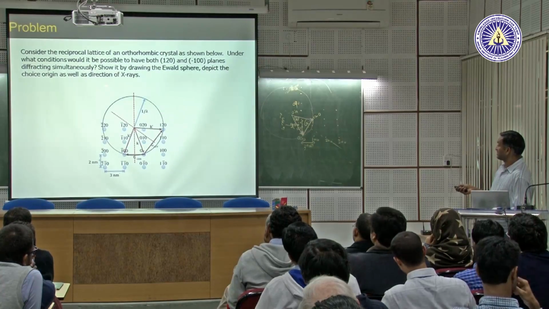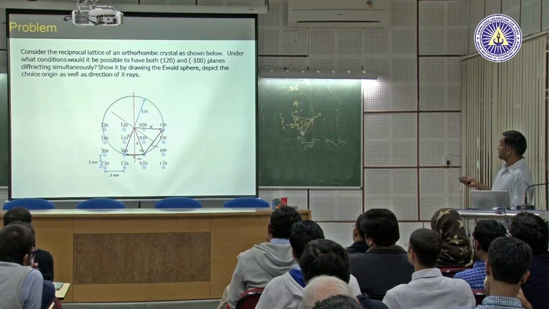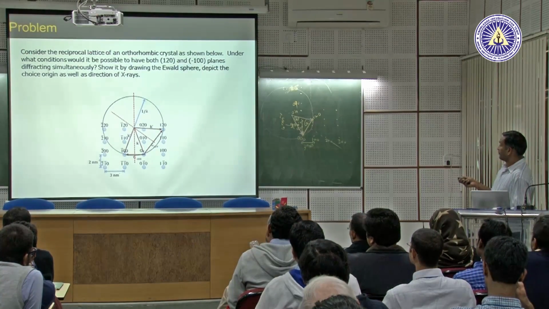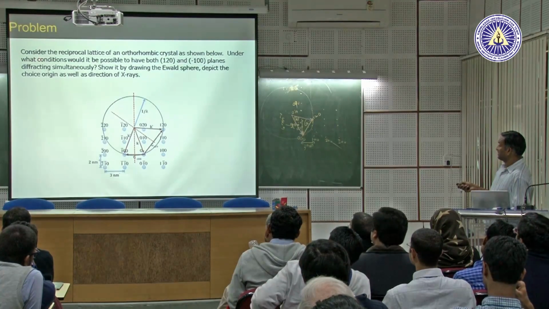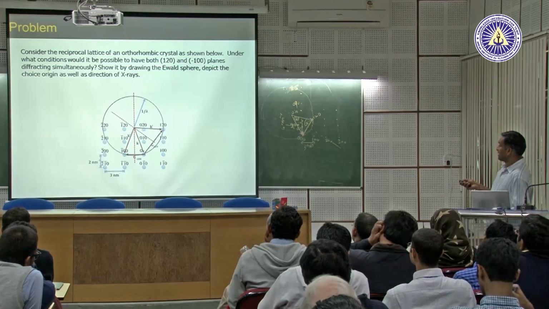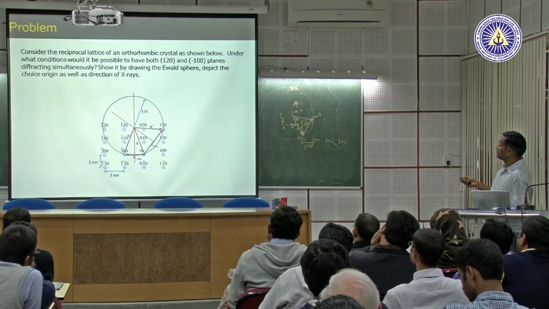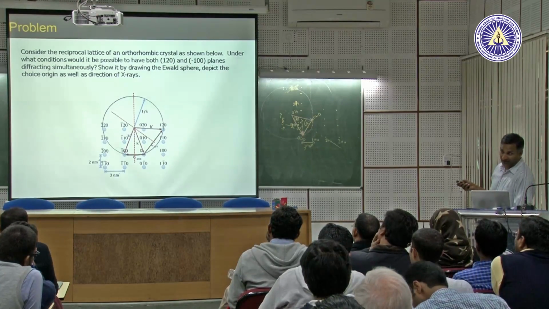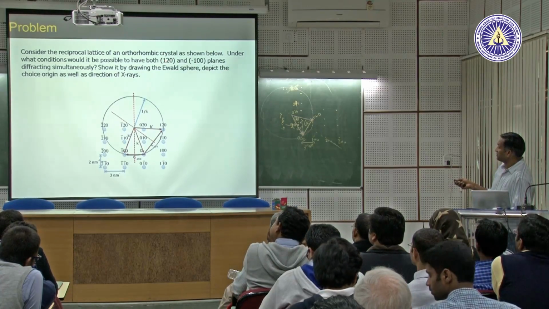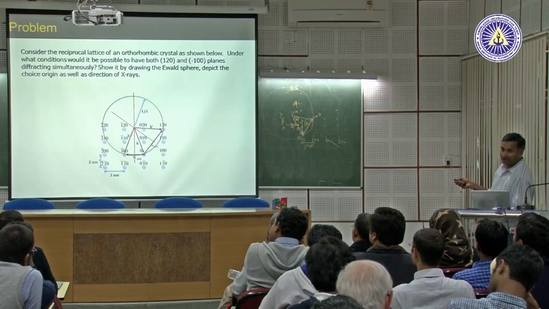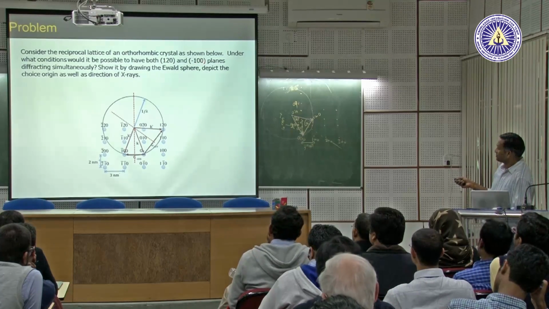So for instance, this is another problem. You have a reciprocal lattice of an orthorhombic crystal, which is shown below, and the question is under what conditions it should be possible to have both 120 and bar 100 planes diffracting simultaneously. So here you want to diffract from both 120 and bar 100 planes.